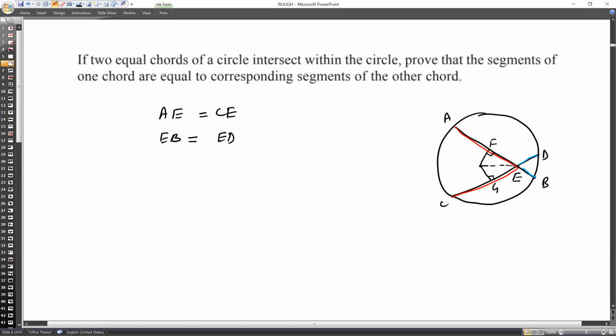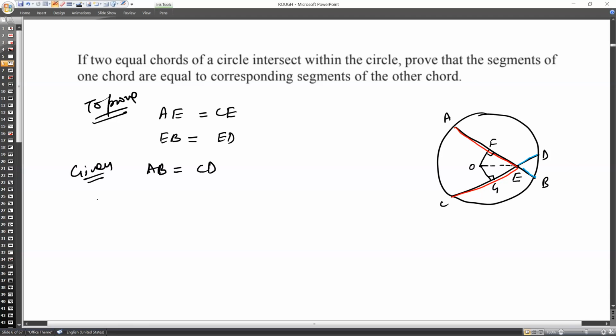Yes, first of all, we will draw this like the previous construction we have done. We'll join this one. So let's start. Just concentrate here, this is an important part. So again, this is to prove, and what is given to you here is that AB is equal to CD, which means the two chords are equal, given.